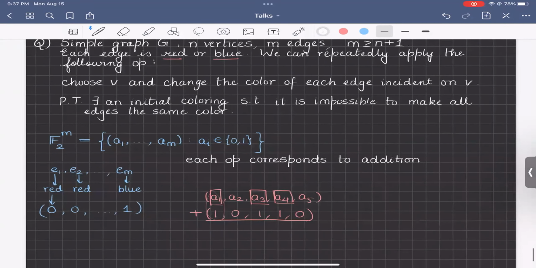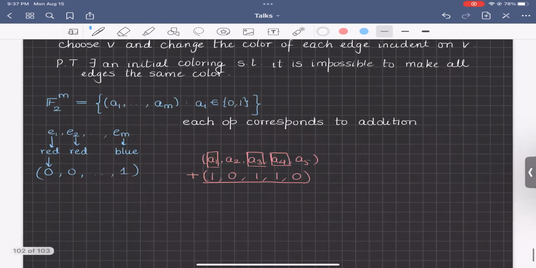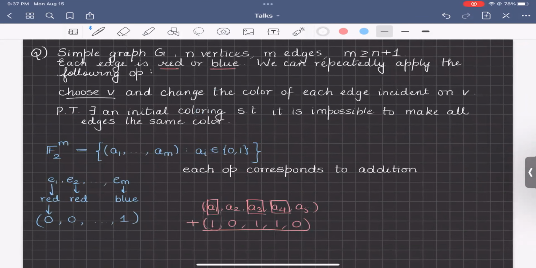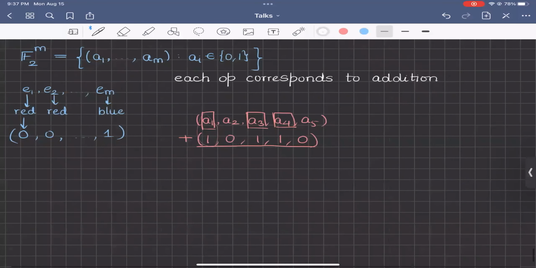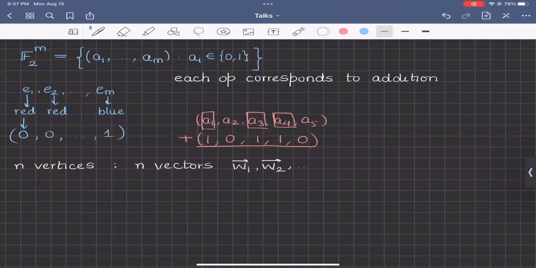So first of all, let's formulate this problem. What does it mean to choose V and change the color? We have n vertices, so they correspond to n vectors. I don't want to use V. In each step we just change the color of one vector.